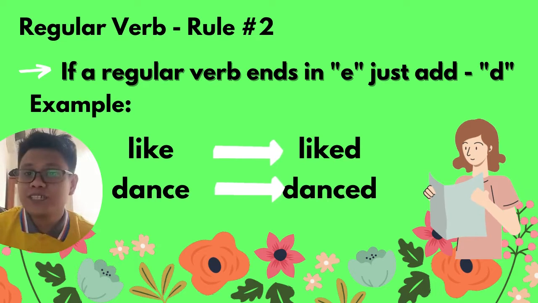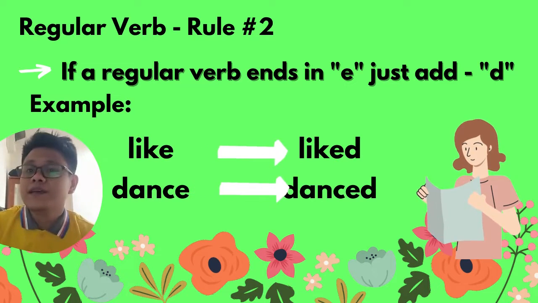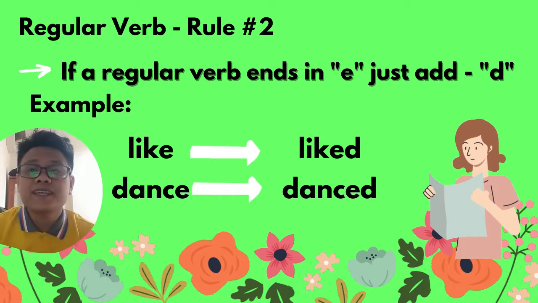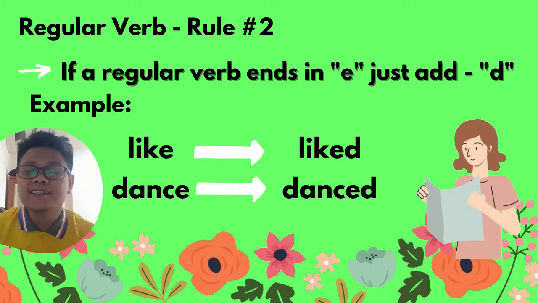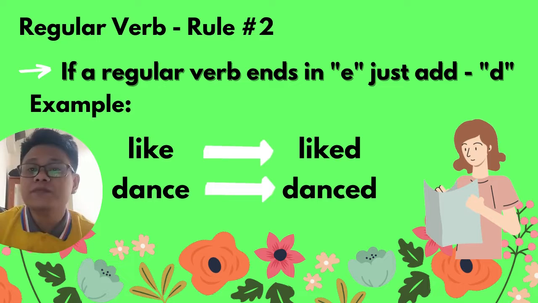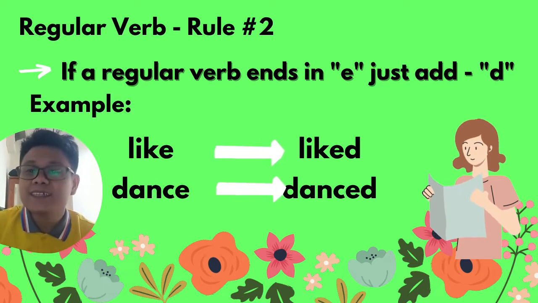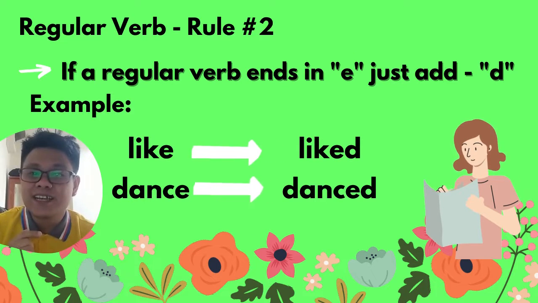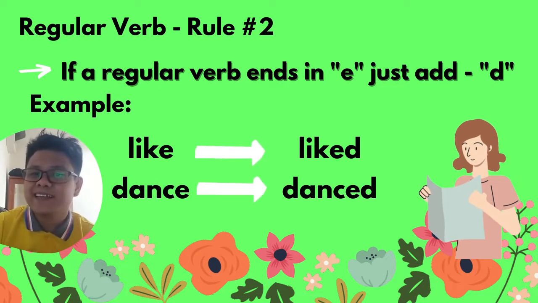So now let's proceed to rule number 2. If a regular verb ends in E, just add D. Okay? If a regular verb ends in E, we are going to add letter D. For example, like, liked, dance, danced.